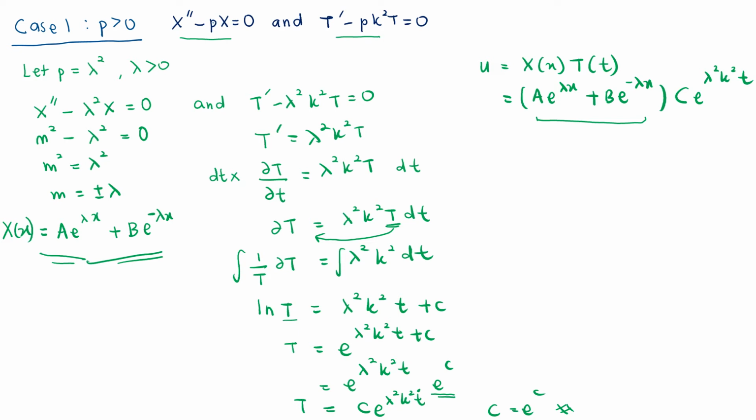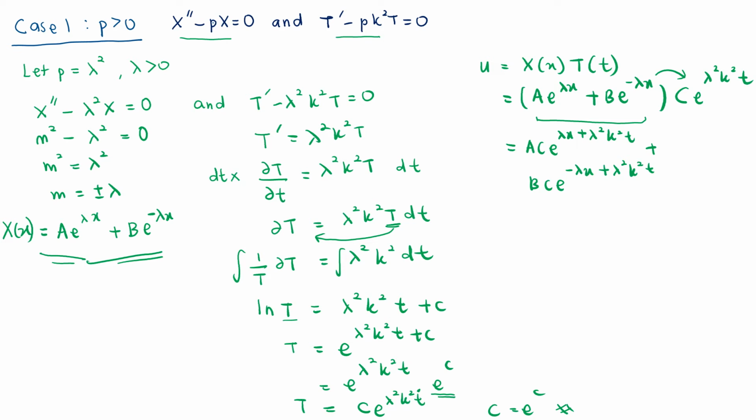Now we expand this, you will get AC e to the power of lambda x plus lambda square k square t, and the second one will be BC e to the power of negative lambda x plus lambda square k square t.